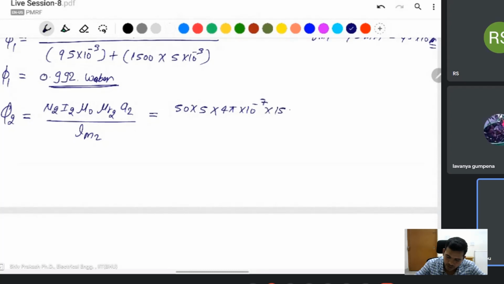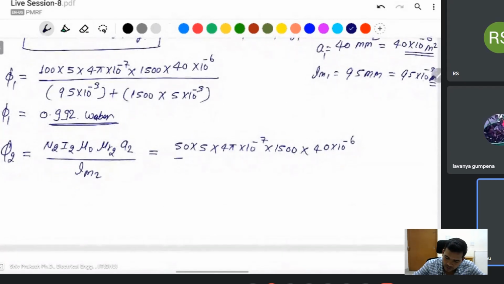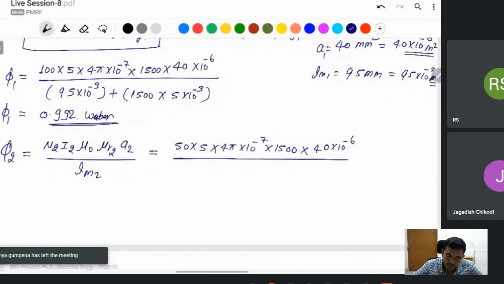Mu R2 is the same, and A2 is 40 mm square. Cross sectional area is 100 mm, 10 to the power minus 3.